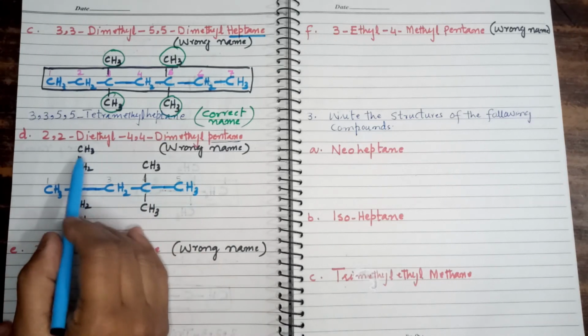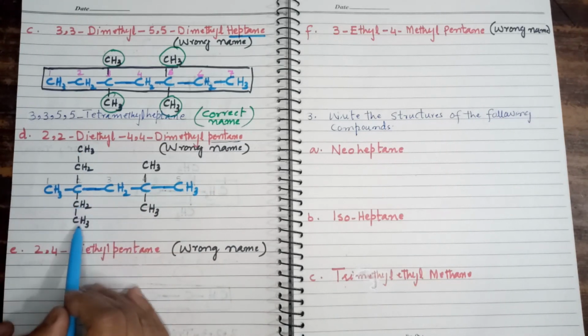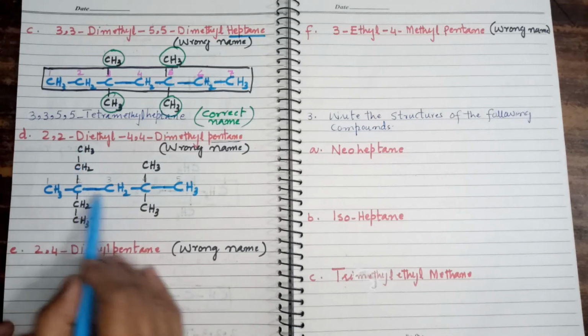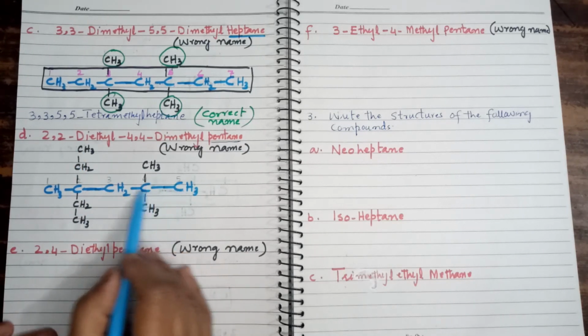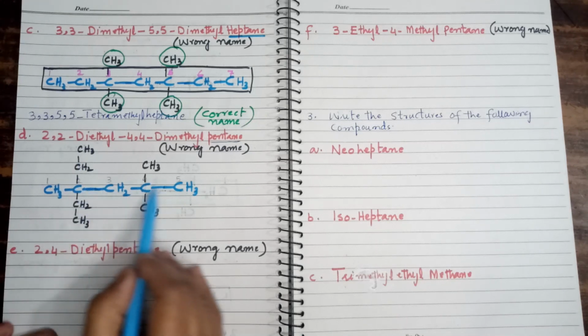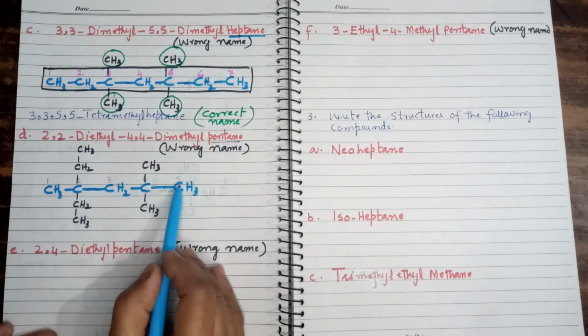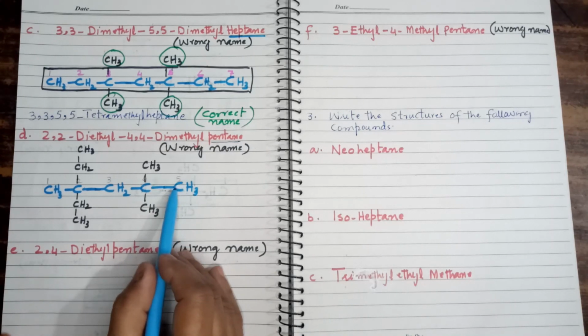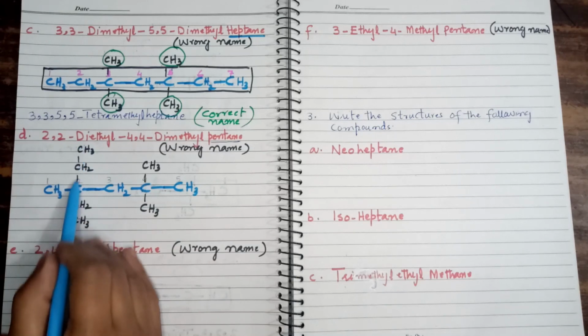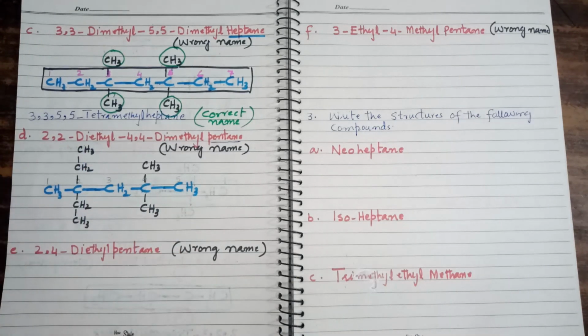Now if you look at this chain, 1, 2, 3, 4, 5, or 1, 2, 3, 4, 5, 6. This is the chain which is made up of 6 carbon atoms. So instead of taking the 5-carbon chain as the parent chain, it is not the longest chain. We will take this chain as the parent chain since it is made up of 6 carbon atoms.